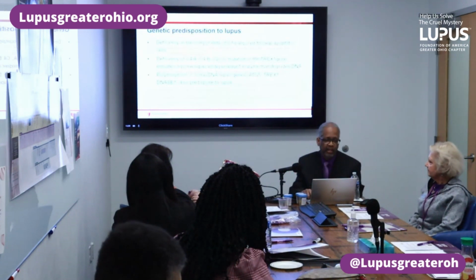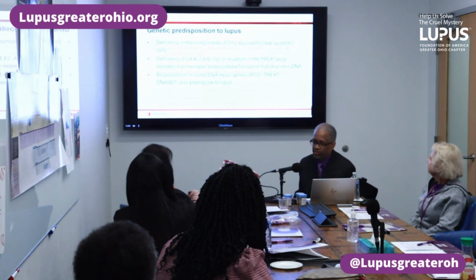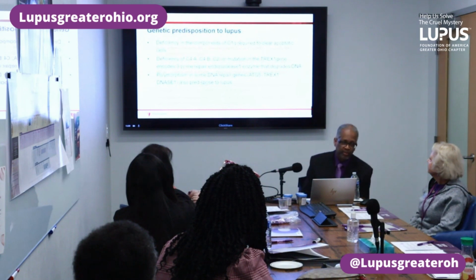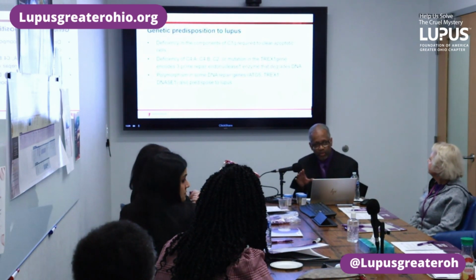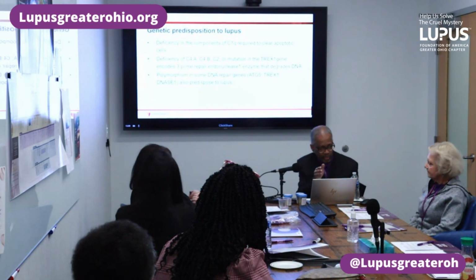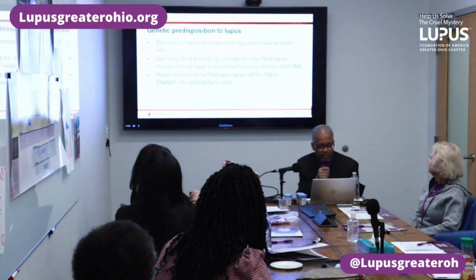There's a second slide that's important too. We see that some patients are actually missing or have a deficiency of certain proteins, especially C1q. This is one of the proteins that tends to start the cascade for your body to fight off whatever pathogens are attacking it.